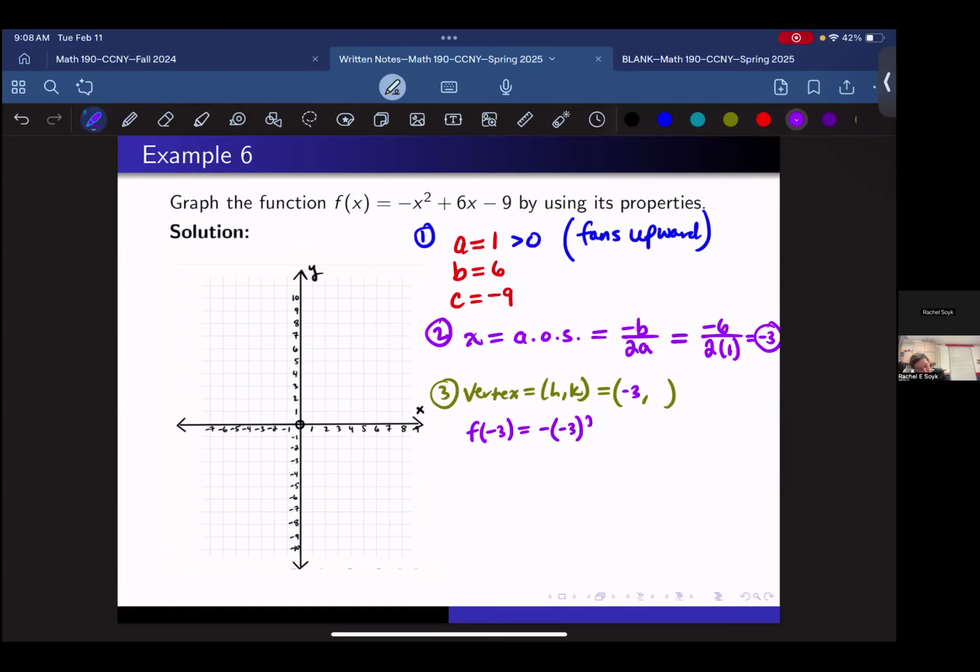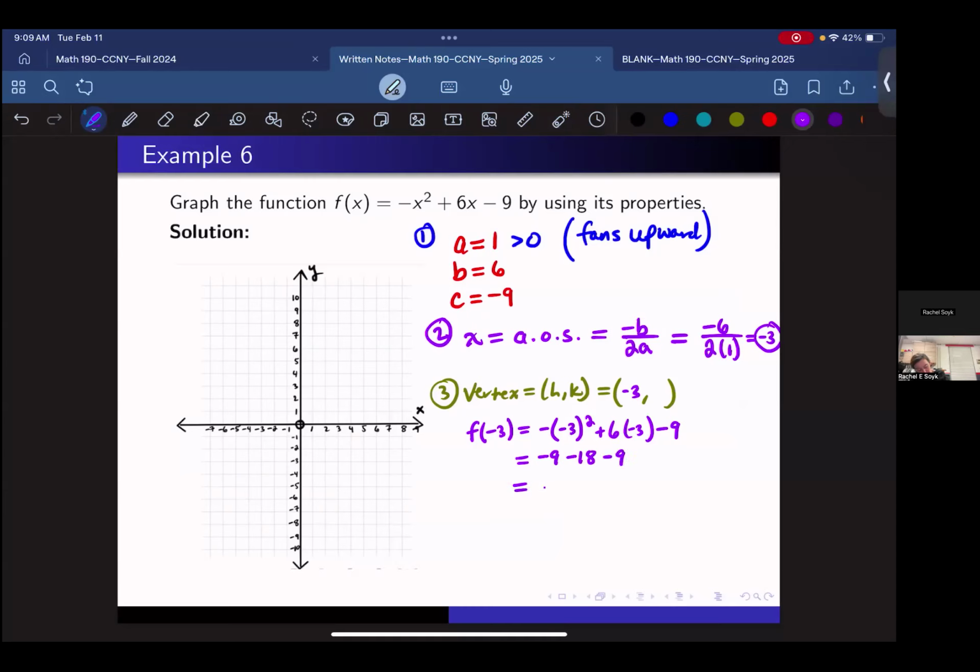Wherever you see an x, you put in parentheses, and then you fill those parentheses with our -3. Let's simplify. -3 in parentheses squared is 9, times that negative on the outside gives you -9. 6 times -3 is -18. And then we have another -9.